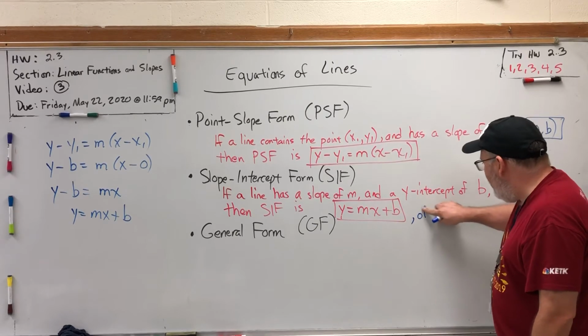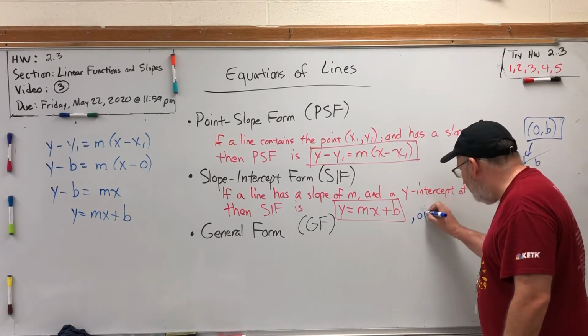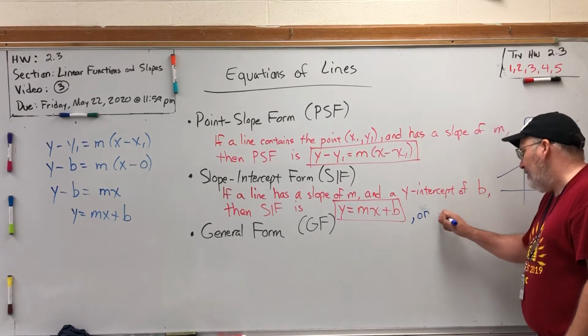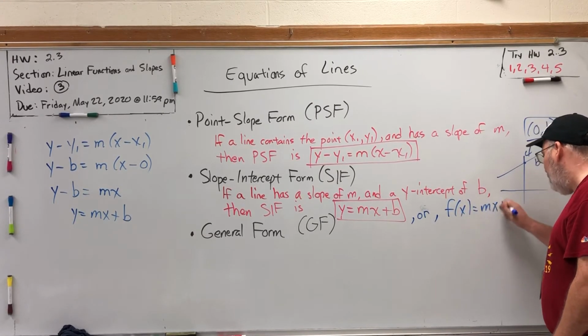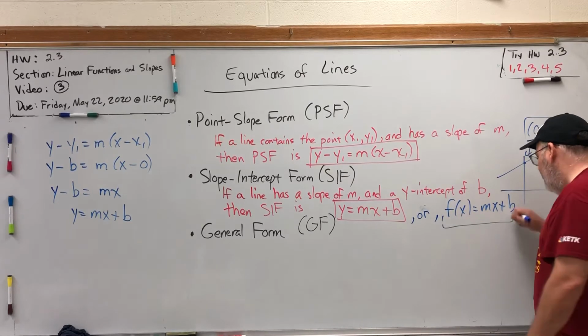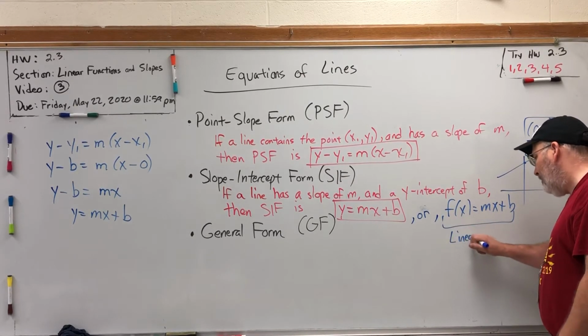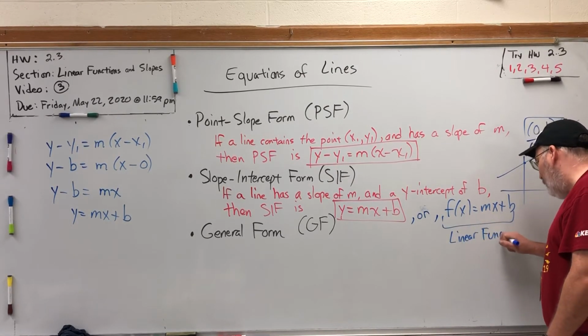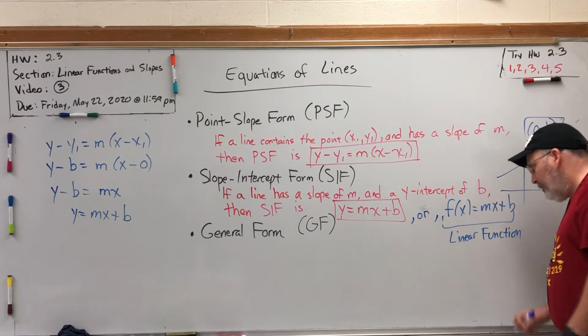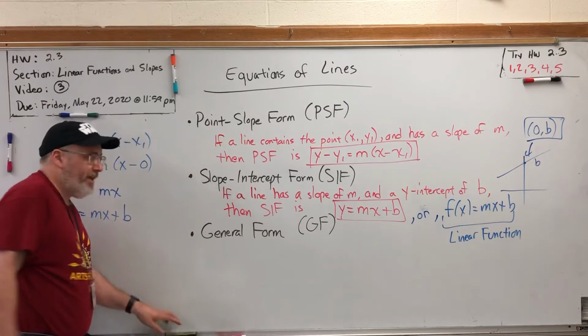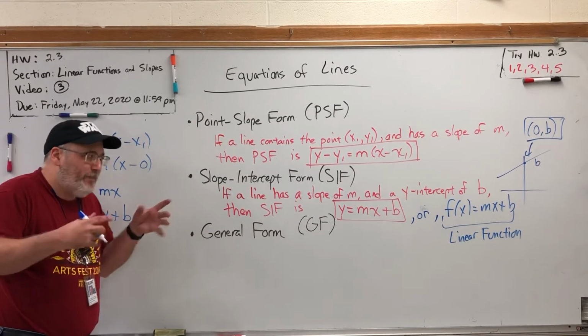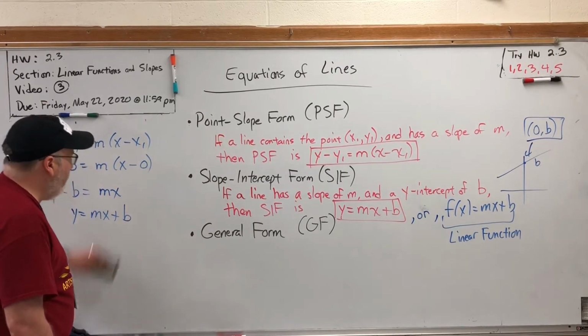So we could equivalently say, instead of y equals mx plus b, we could say f of x equals mx plus b. And this is what's known as a linear function. It's basically slope-intercept form, but in function notation. So any function that has that form, or can be simplified into that form, is called a linear function.